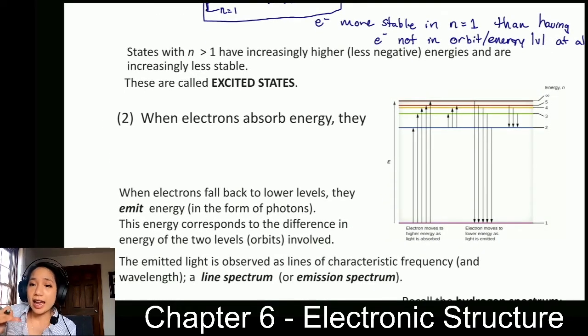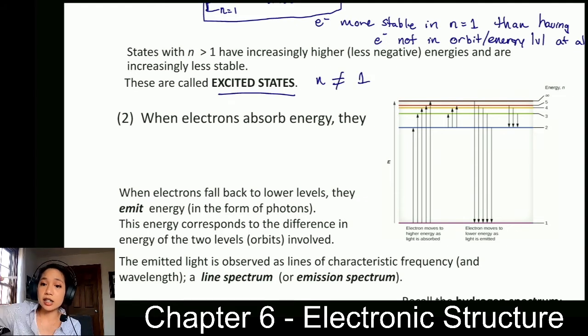So when n does not equal 1, when an electron is not in its ground state and is in n equals 2 or 3, we call this an excited state. So that electron is not in its ground state, it's in some higher level.